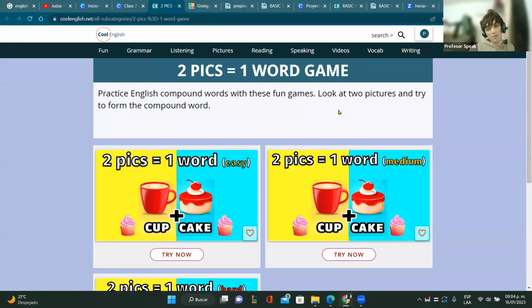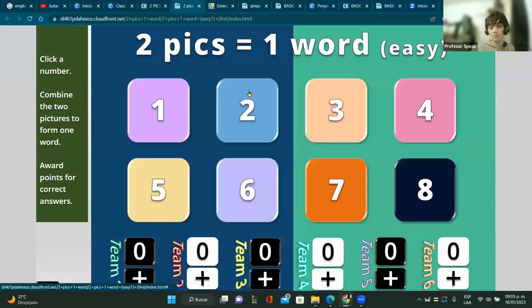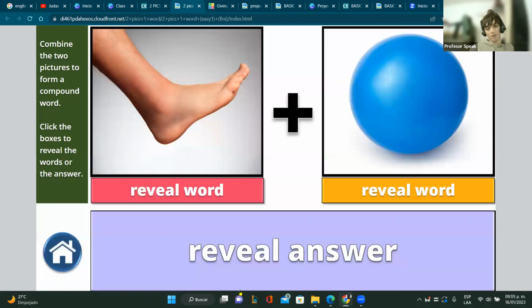With these fun games, look at the two pictures and try to form the compound word. For example, we have this first one. What is this word? We have this picture and this other one, so we're going to create a new word.